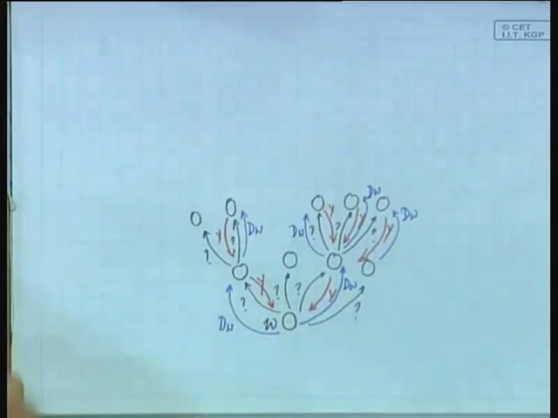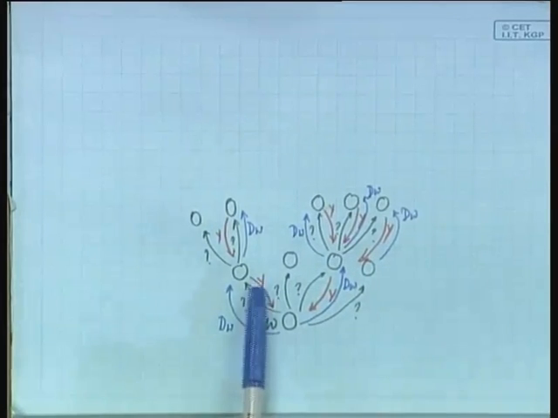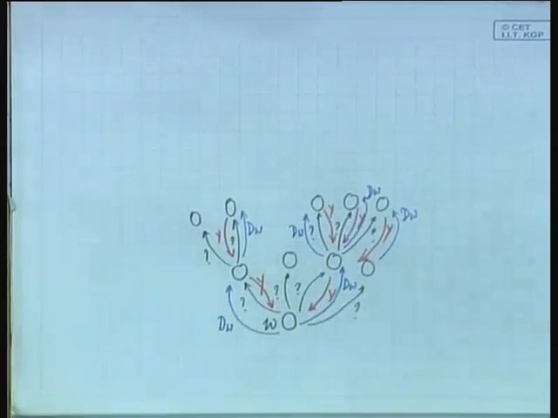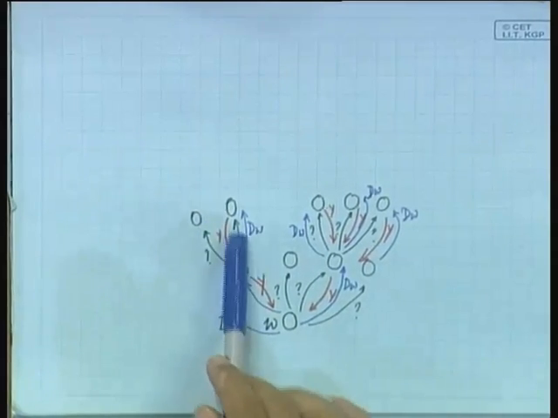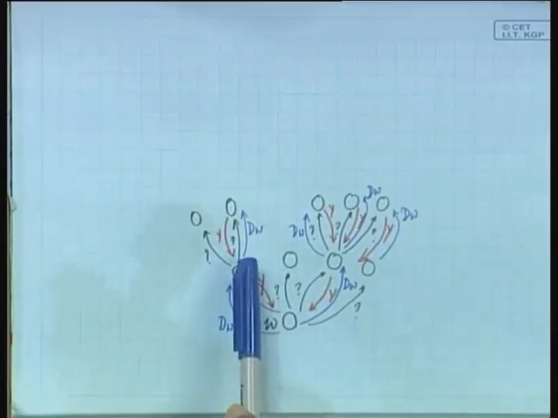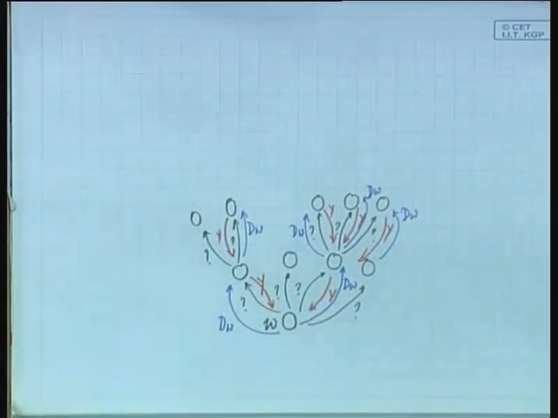Now, see what is happening here. The DW is only going along the edges of the tree, but to find out which are the edges of the tree, we are sending messages along every edge of the graph. Is this clear? The way the thing is working, right?